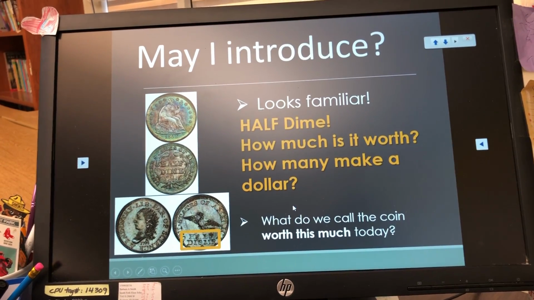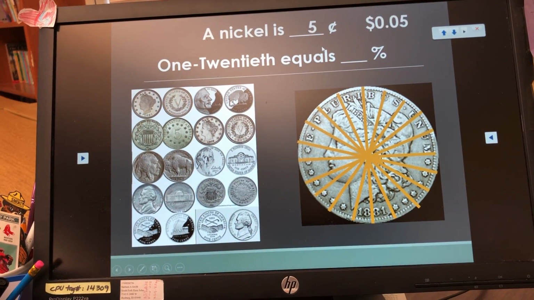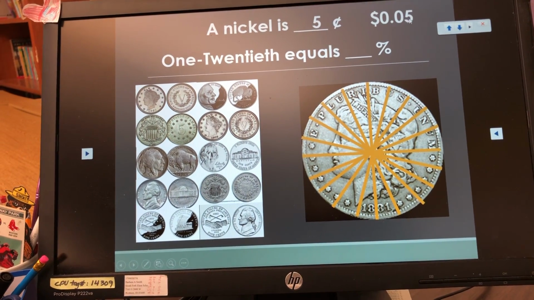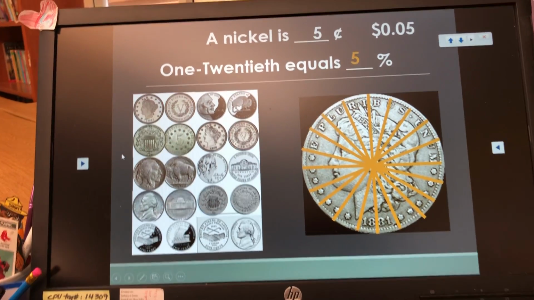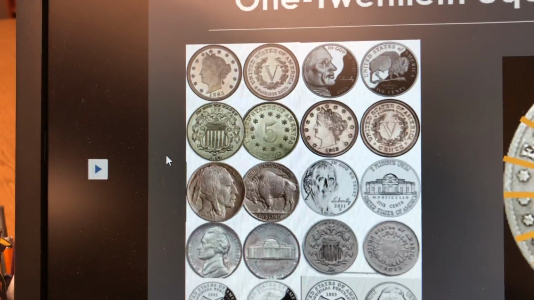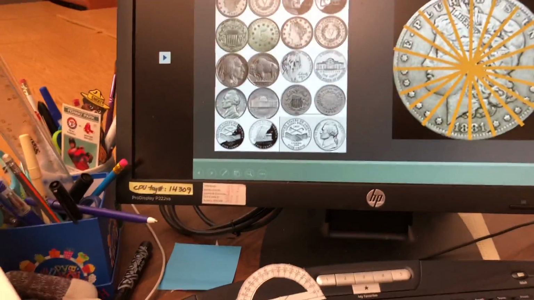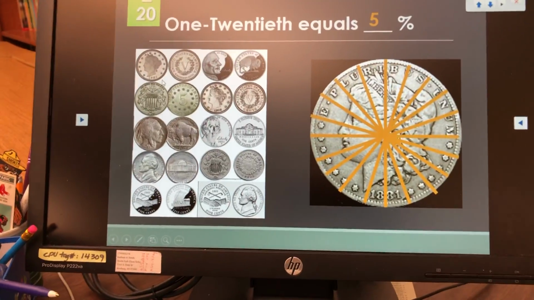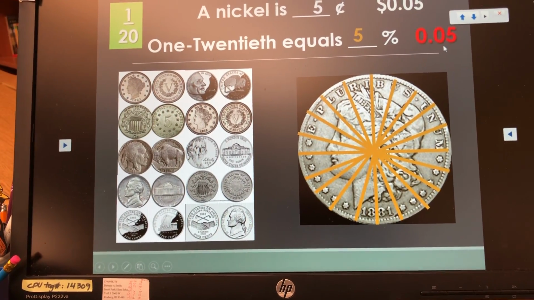Well, we don't call them half dimes anymore. We call them nickels. And a nickel is worth 5 cents or 5/100ths of a dollar. So 1/20 equals 5%. Look at all these nickels. Jefferson. Ooh, my very favorite. Never mind. 1/20, 5/100ths.